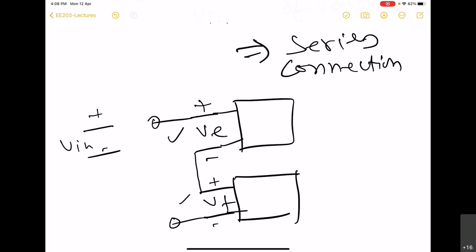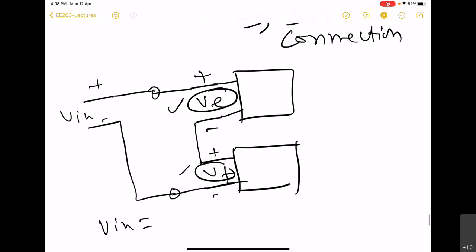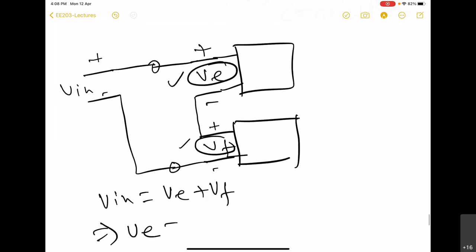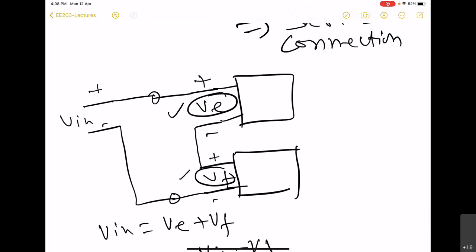So here you can see that VE and VF have been added in series. So V in is going to be VE plus VF. That implies VE is V in minus VF. So we have to see which quantity we have to deal with on the input side to decide the exact nature of the connection.